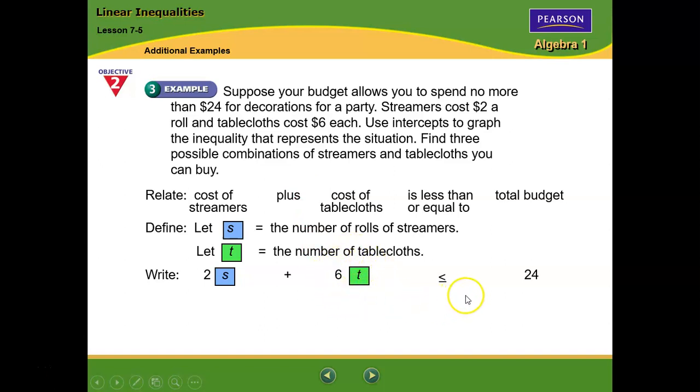But remember, we can only spend up to and including, meaning no more than, as it says in the problem, no more than $24. So that means less than or equal to 24. So we have just written our inequality: 2S plus 6T is less than or equal to 24. Again, this must be less than or equal to because it says right here that you can spend no more than $24.